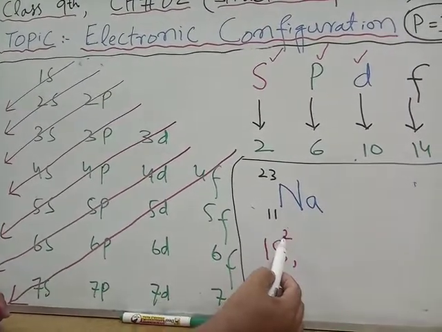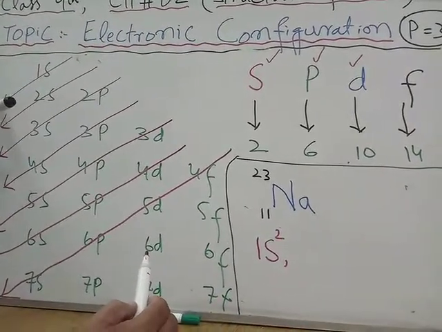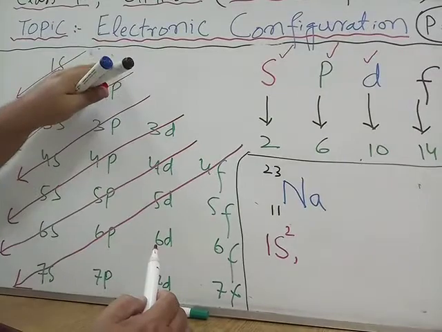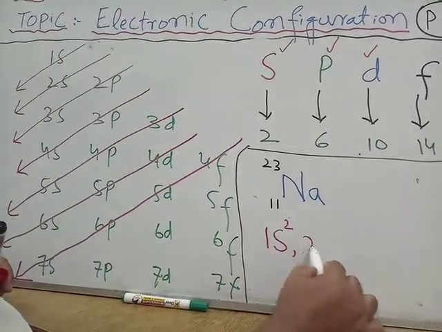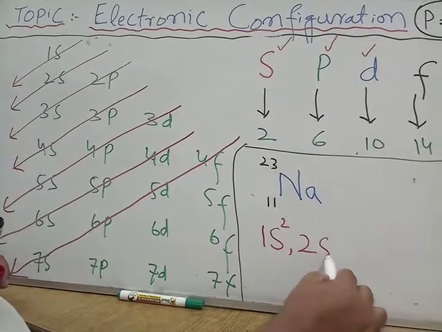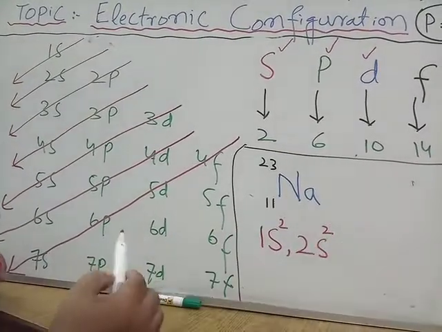So 2 electrons are accommodated. Now I shall proceed towards the next. Come from the head of the first to the tail of the next: 2s. Again we know s can accommodate 2 electrons, so we will get 2s2.